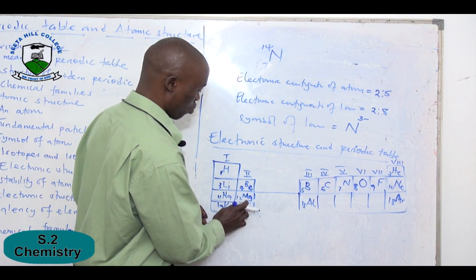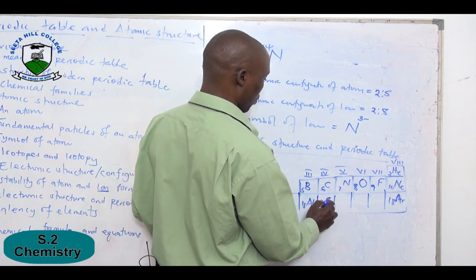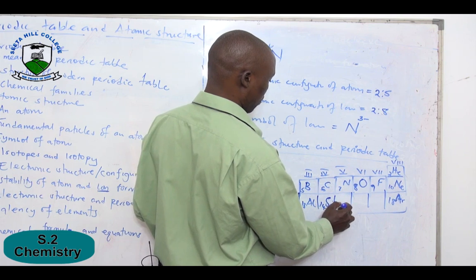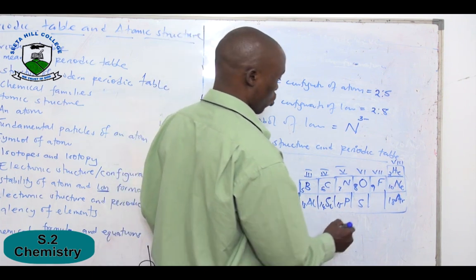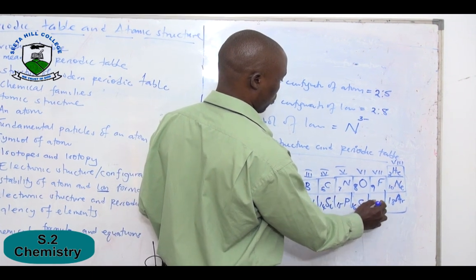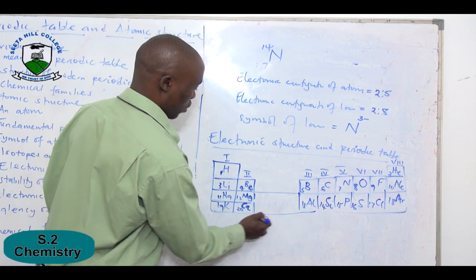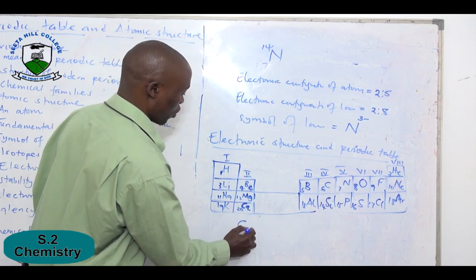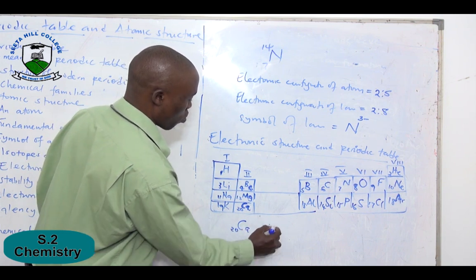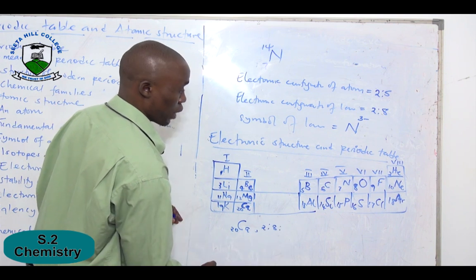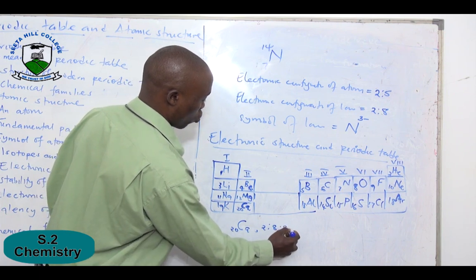If there are two letters, the first one must be big, capital. Now look here. If we were writing the configuration, say calcium with 20, you would say 2, 8, 8, 2.